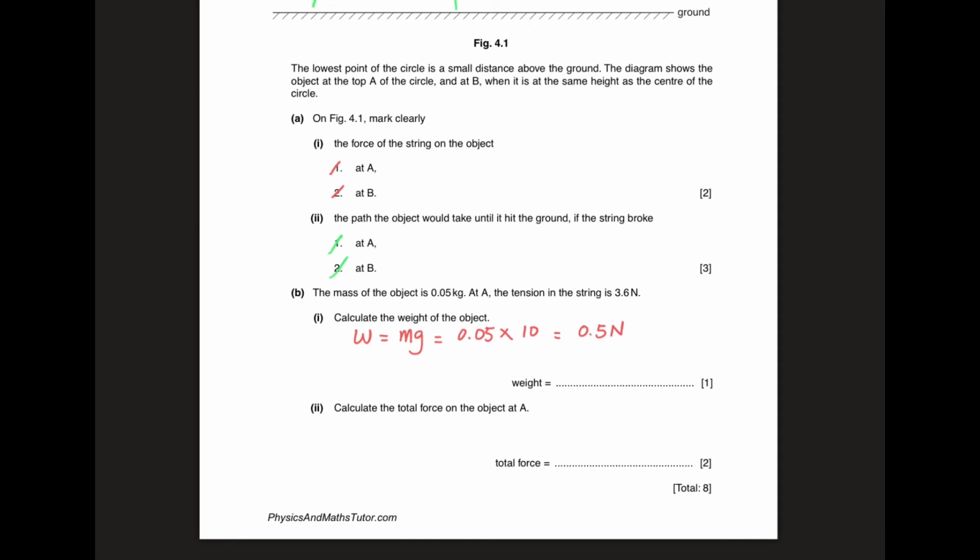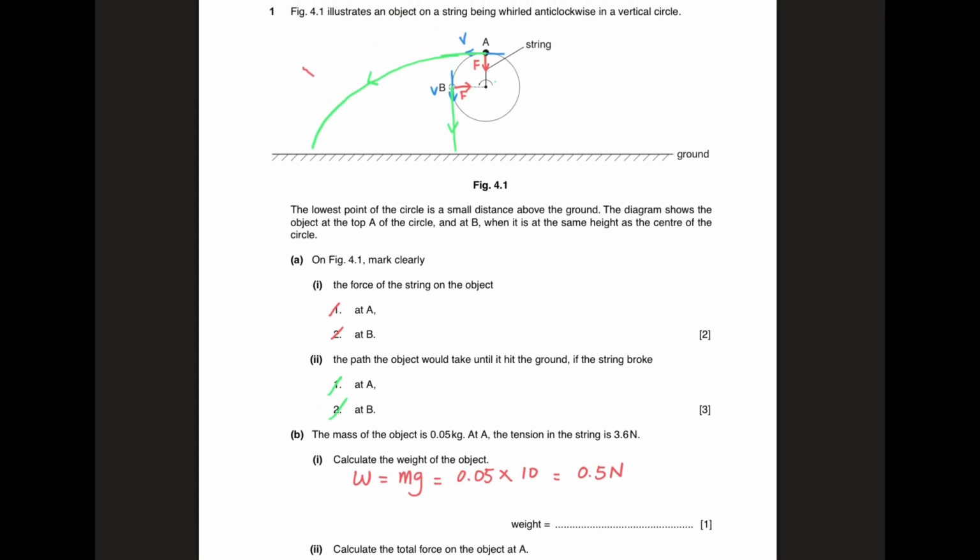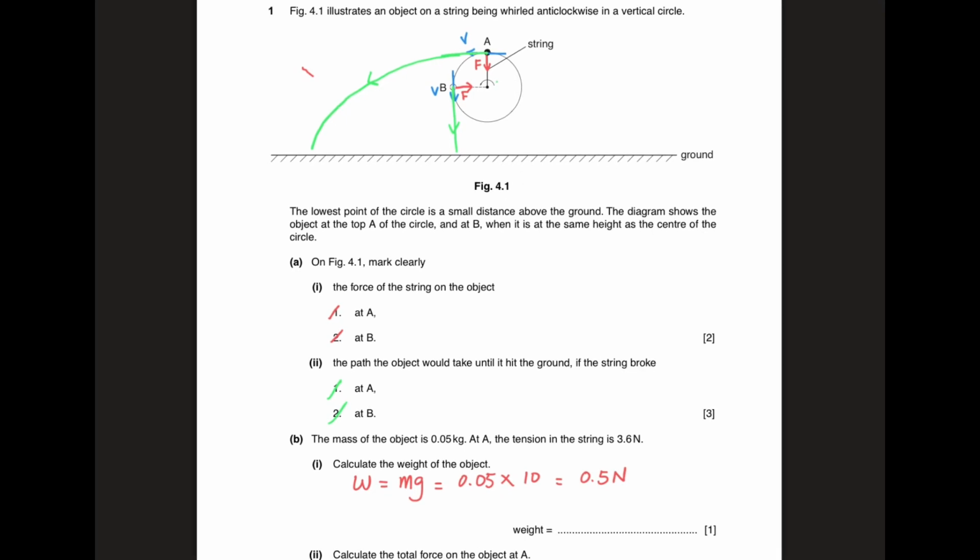Okay, so then we look at part 2. Calculate the total force on the object at A. Total force. Now how to count the total force? Let's see the picture first. At point A, what we know is, let's say I draw it again.